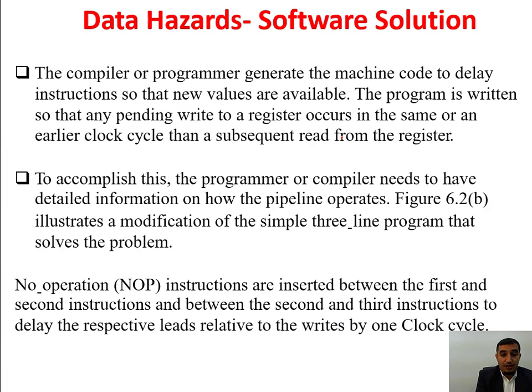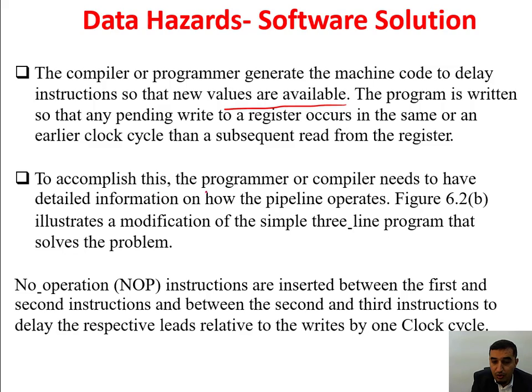Now for the data hazard software solution, the compiler or the programmer generates machine code to delay the instructions so that the new values are available. The program is written in such a way that any pending write to a register occurs in the same or an earlier clock cycle than a subsequent read of that register.